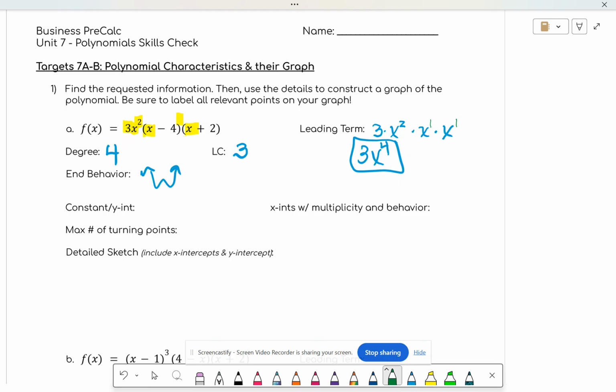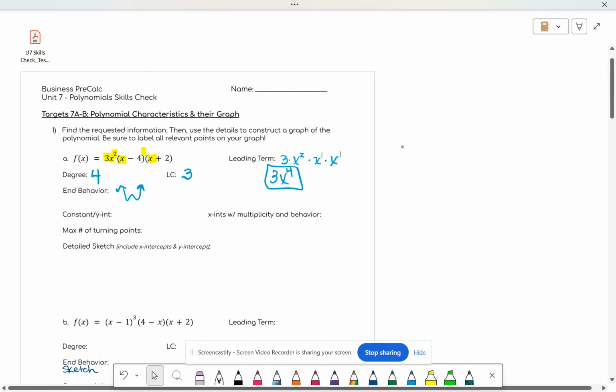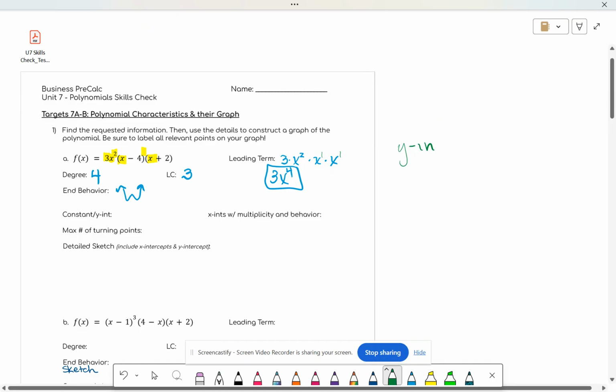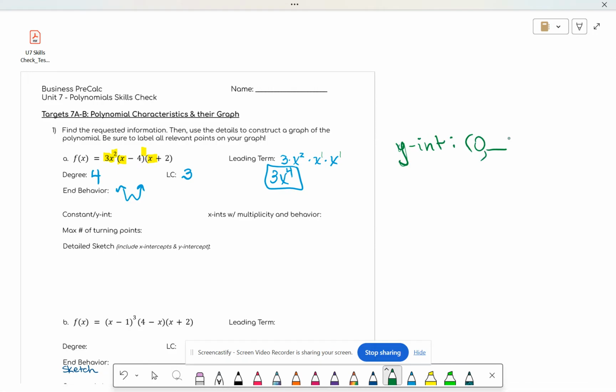Okay, for the constant or y-intercept, remember that the point is going to look like 0 comma something, a y. So my x is 0. I will put in 0 for x to figure out what the y is in the original equation.